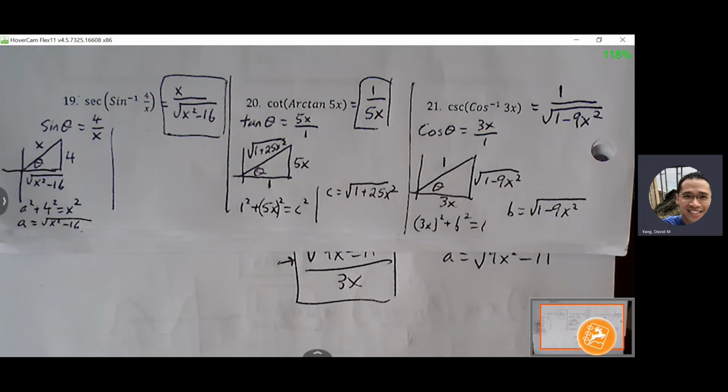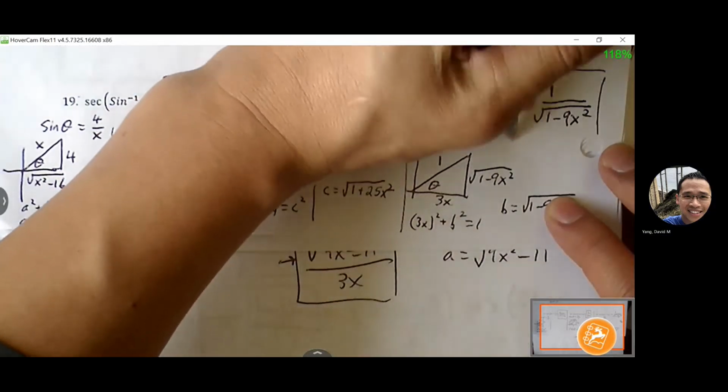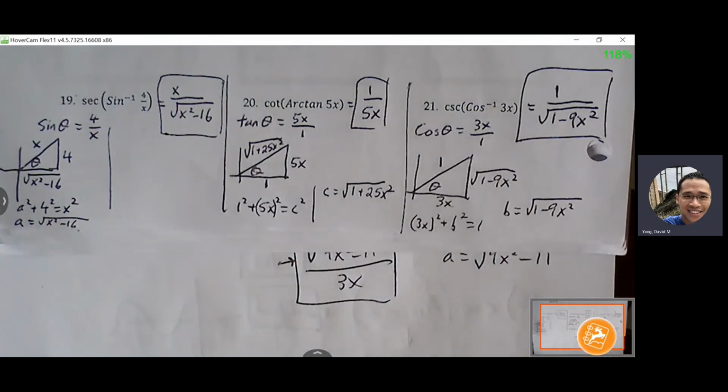All right, pretty much all of these are in the first quadrant. Build your triangle, identify your trig ratio, use the Pythagorean theorem to get that missing side, and then turn around and do the outside ratio. Are we okay?